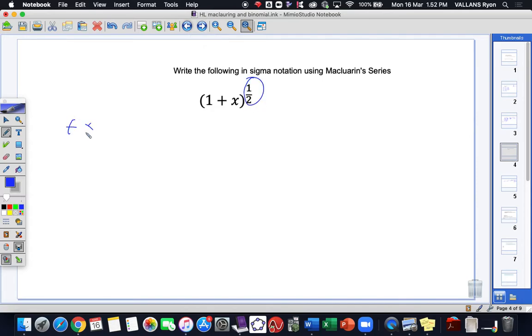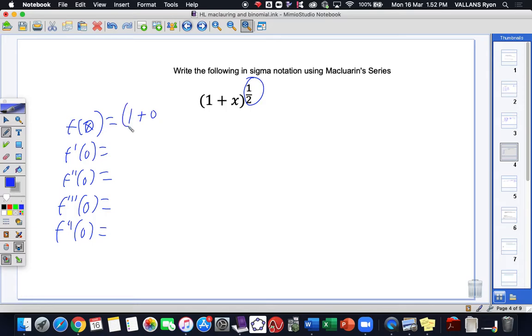Same thing, Maclaurin series, f of 0, f prime of 0, f double prime of 0. Now, this is where I want to emphasize sensing the pattern on this one. If I get the pattern, and I'll show you in just a second what I mean by this, I get 1/2, 1 plus 0 to the negative 1/2, which equals 1/2.